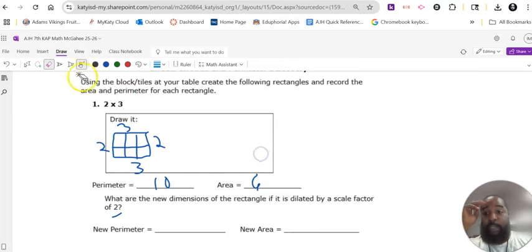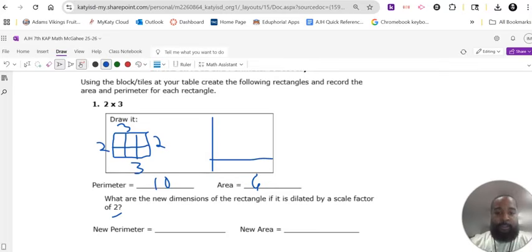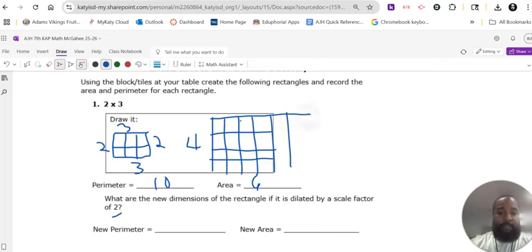All right, we're going to draw a better picture. And we need to make a 4 by 6. So we need 1, 2, 3. So we have 4. And then on this side, we need 1, 2, 3, 4, 5. All right, so when we draw all of these, it's not going to be a perfect rectangle, but 1, 2, 3, 4, 5, 6. Okay, and then 4 here.